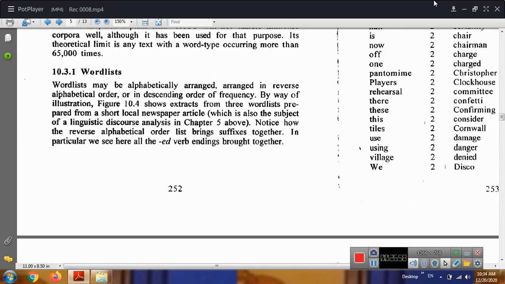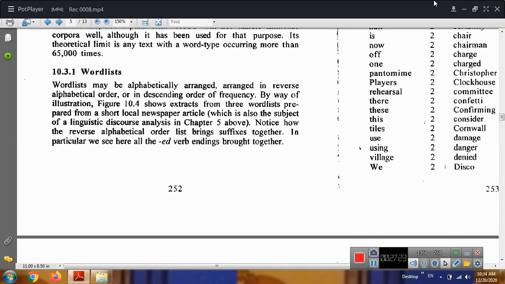About the word list. Word lists may be alphabetically arranged, in reverse alphabetical order, or in descending order of frequency.